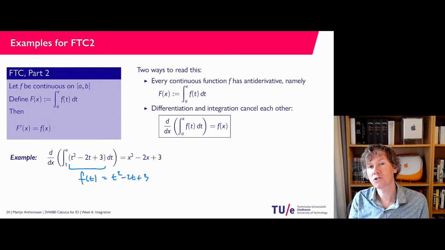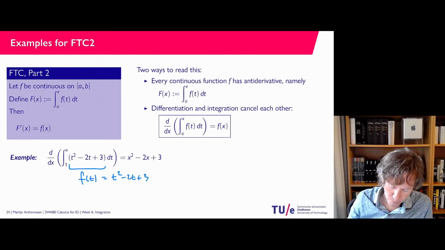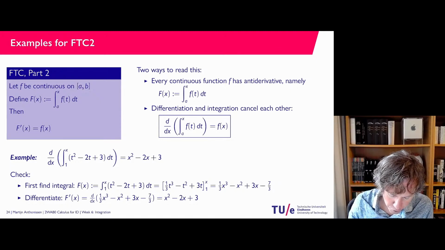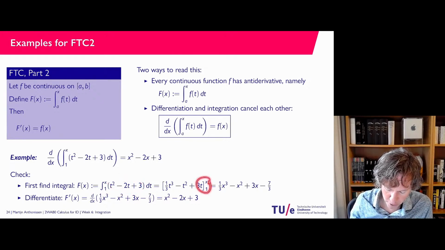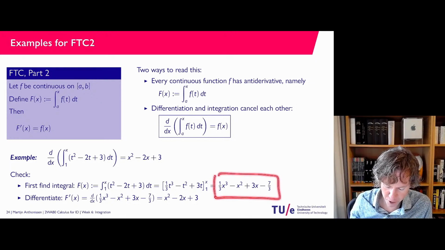The reason I wrote this down, so this is immediately what the theorem tells you, but here we can check it, because you can check by first finding the integral. So we can do the integration and find capital F of x. So that's the integral from 1 to x of this expression. We can find a primitive function here, plug in x and 1, and we find apparently that this here is capital F of x.